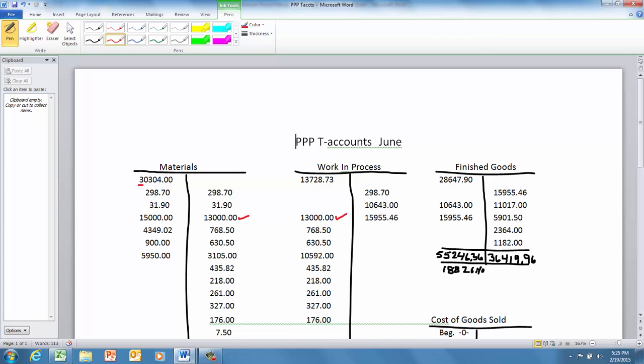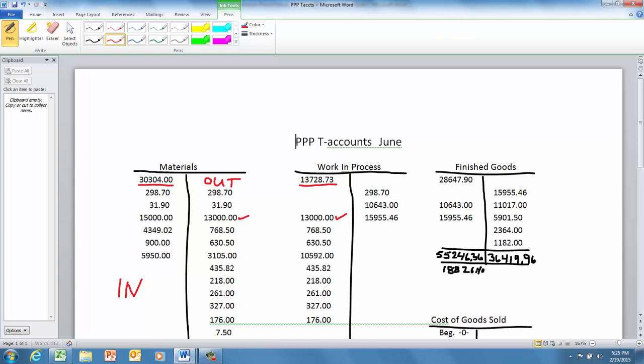These first numbers on the T accounts are beginning balances, and then all on the left side of each T account shows what comes in, and on the right side shows what comes out.